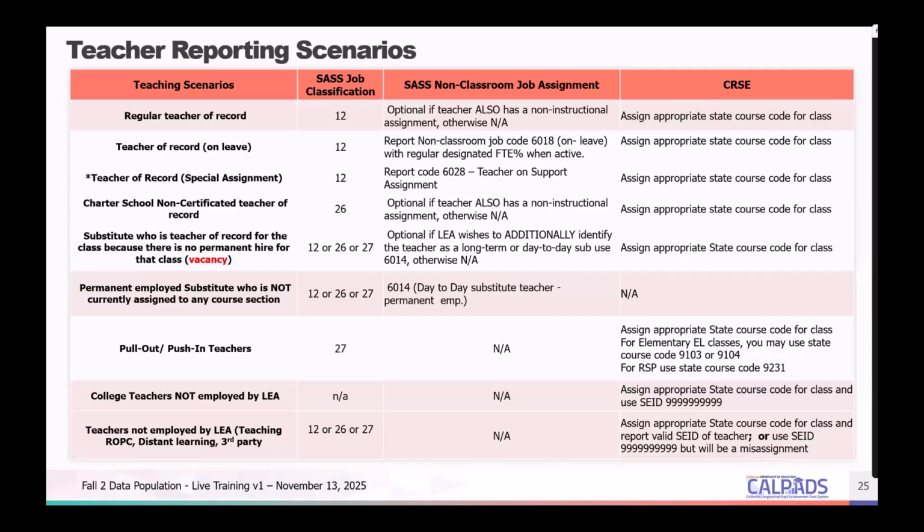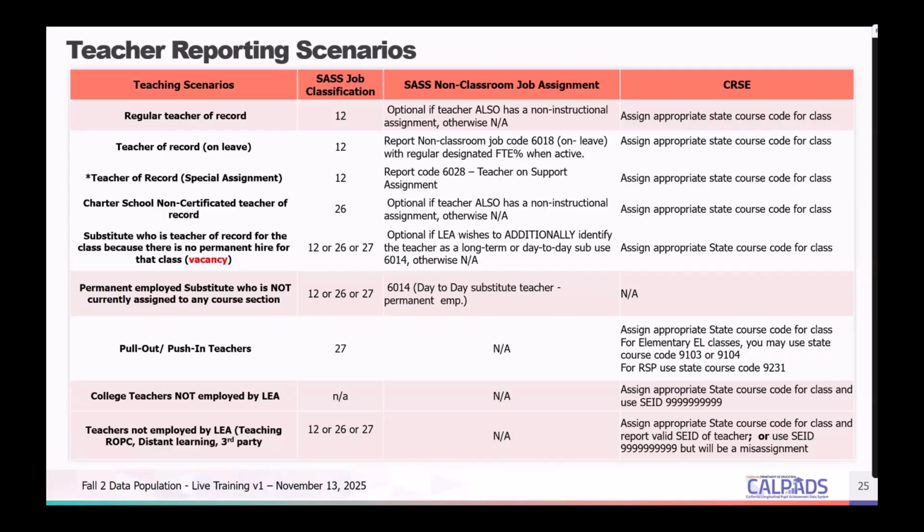For itinerant or push-in, pull-out teachers, you would use job classification code of 27. Assign course code 9103 or 9104 for EL, and use course code 9231 for RSP. CRSC records are optional for job classification code 27.